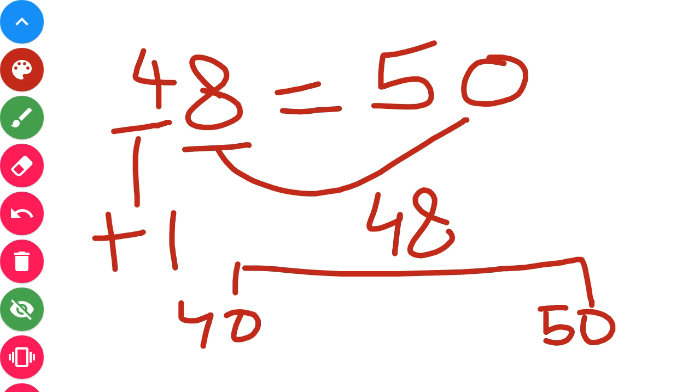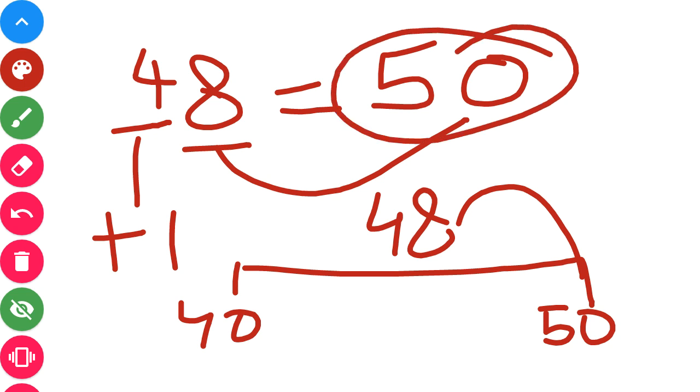So kids, is 48 closer to 50, or is it closer to 40? Count after 48: 49, 50. Just two steps. Just a difference of two steps. So 48 will be rounded off to 50.